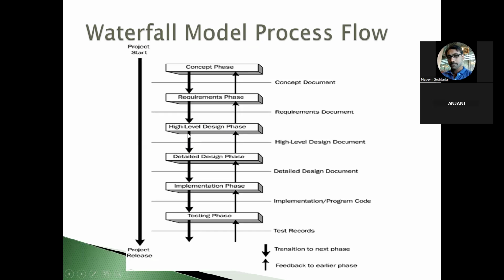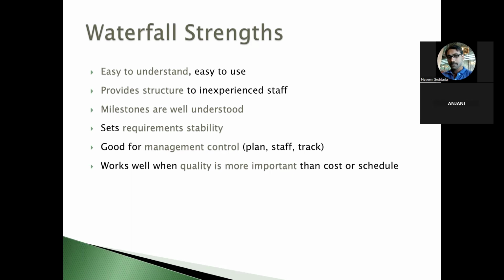So you will be clear on what different milestones we will have in this process. We also have requirements stability, and it is good for management control, for planning, staffing, resource planning, and tracking the progress or status of the project.